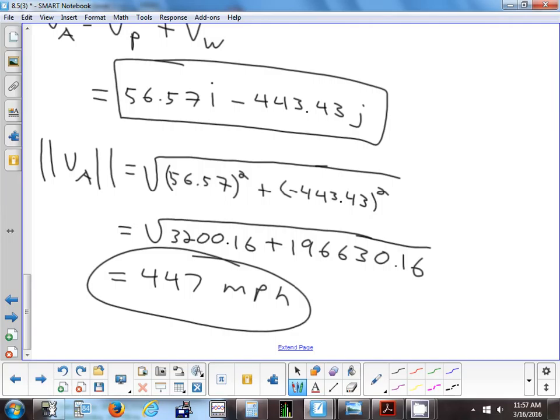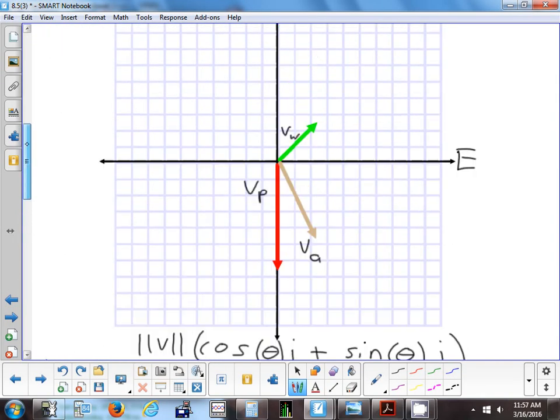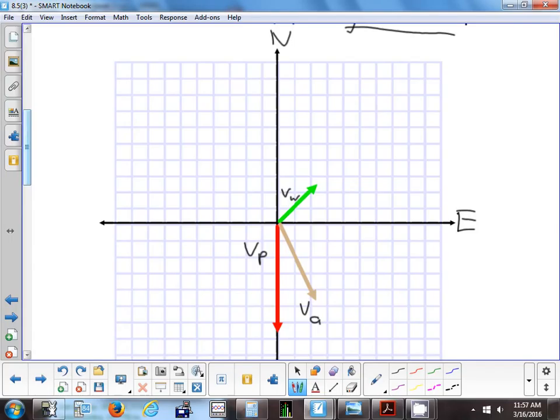Okay, and as far as the direction, let's just set up what you would do, but we're not going to do that part. I'd say the easiest way to give the direction here is to find the angle right here, and then say it's at this angle east of south. This is how you write your answer: theta degrees east of south.